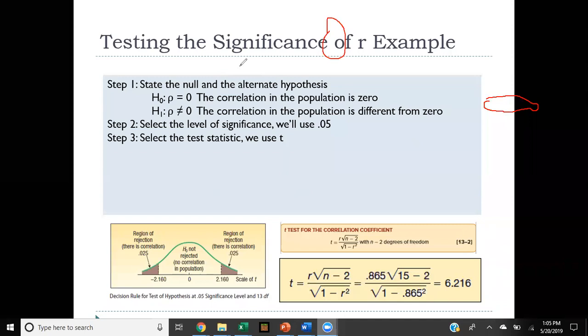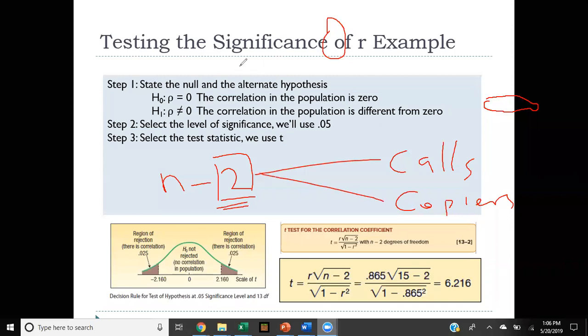We're looking at the number of calls, and then the number of copiers sold. So we have two variables, and our degrees of freedom will then be n minus 2. Okay, so that 2 is related to the number of variables that you're trying to consider.